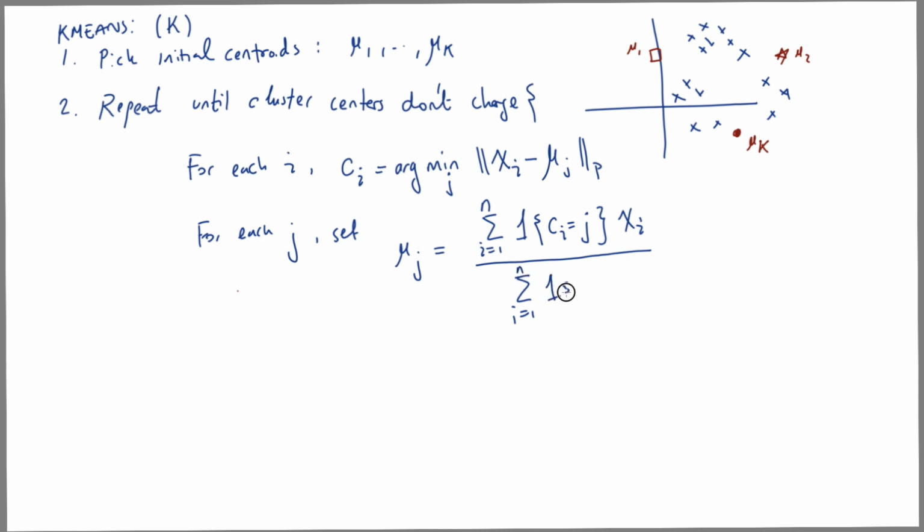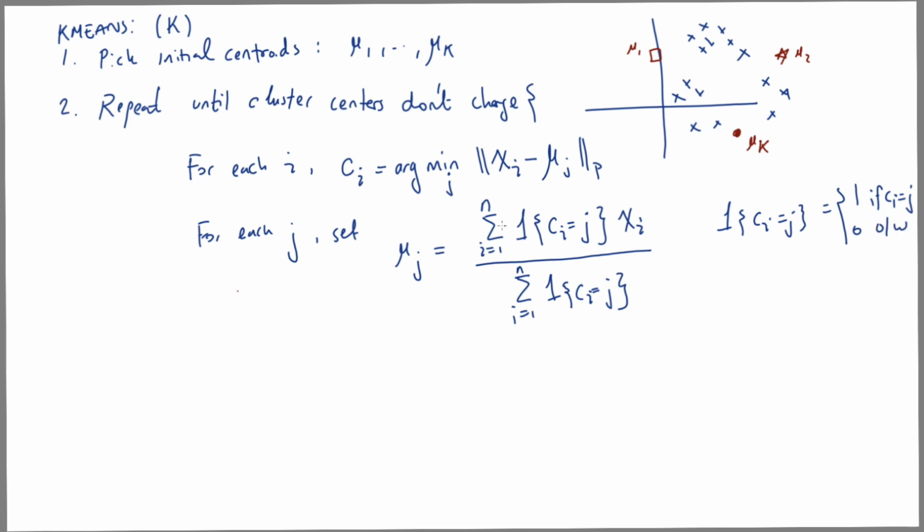let me explain the notation in a minute. Okay, so this, first of all, this is an indicator variable. So this one, ci equal j, is going to take a value of 1 if the cluster label of the ith point is j and 0 otherwise.